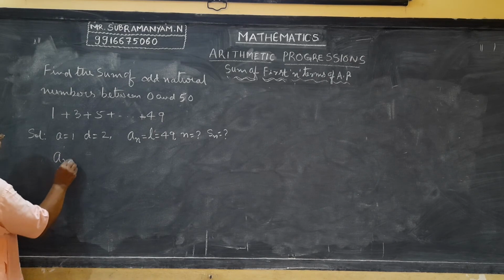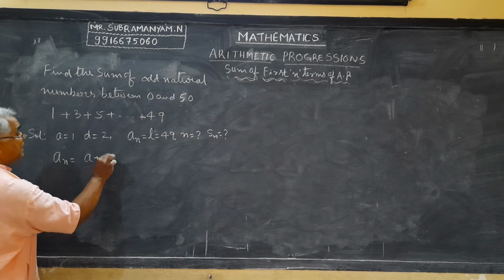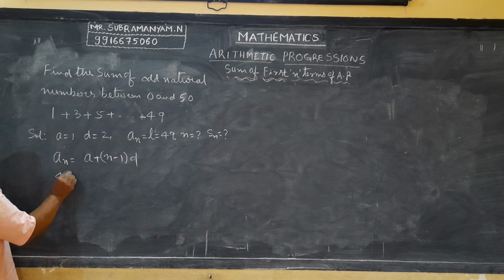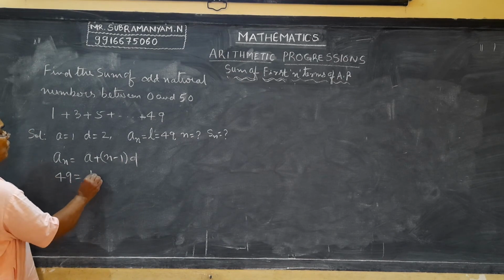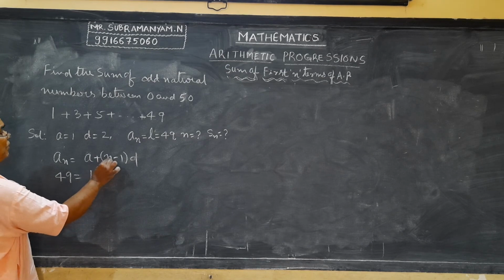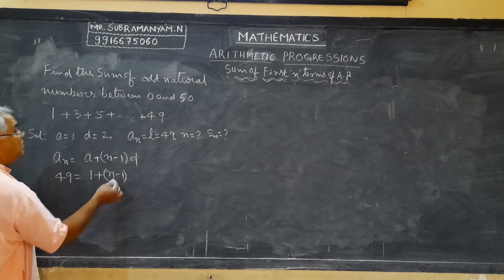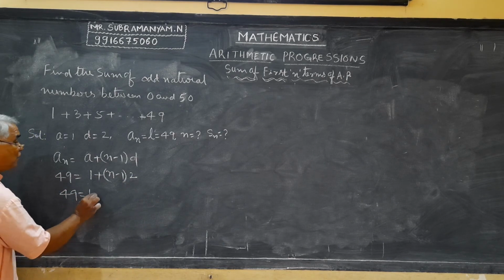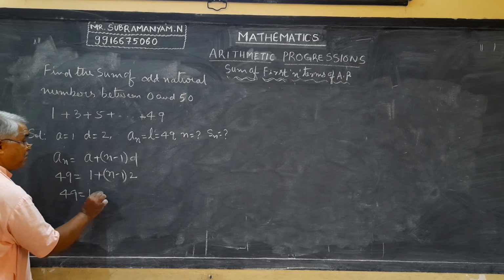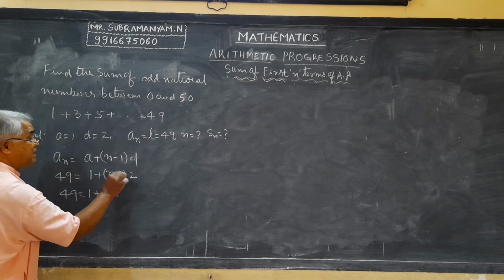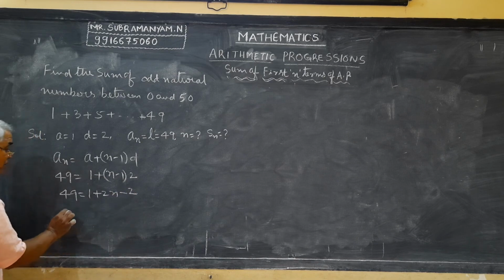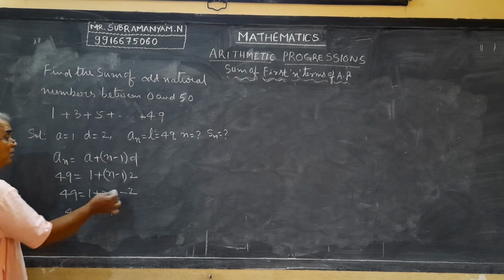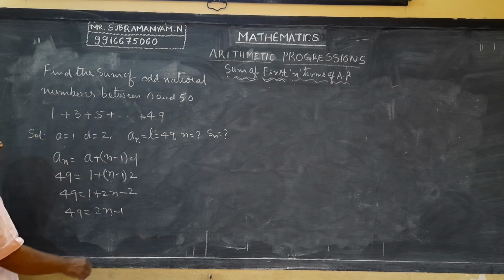an equal to a plus n minus 1 into d. an value is 49 equal to a value 1 plus n value, we don't know, n minus 1 multiplied by d value 2. 49 equal to 1, we remove the bracket, plus 2n plus minus into plus minus 2. 49 equal to 2n, 1 minus 2, it is minus 1.